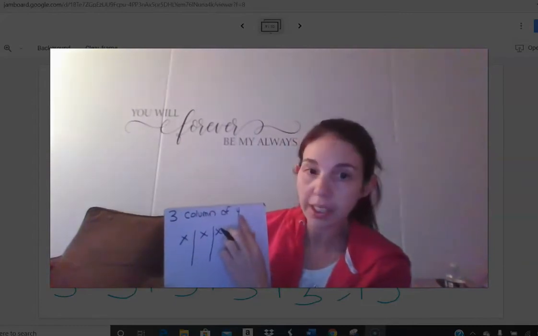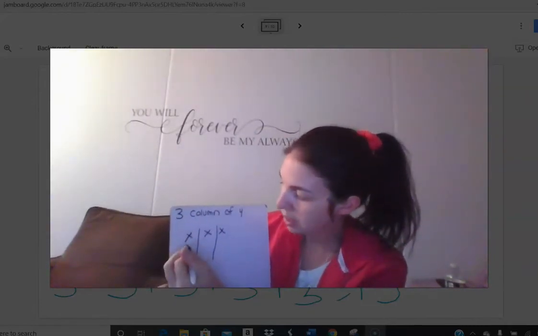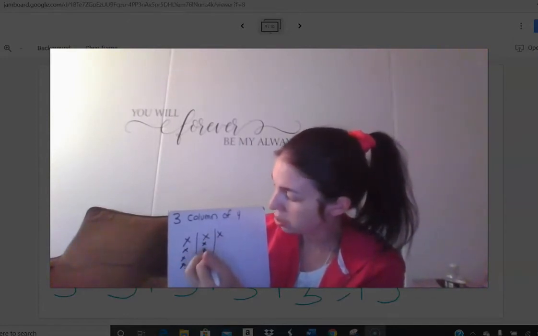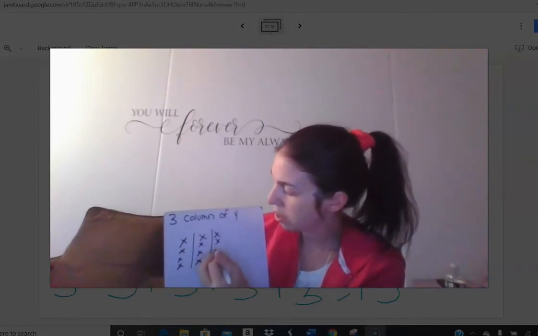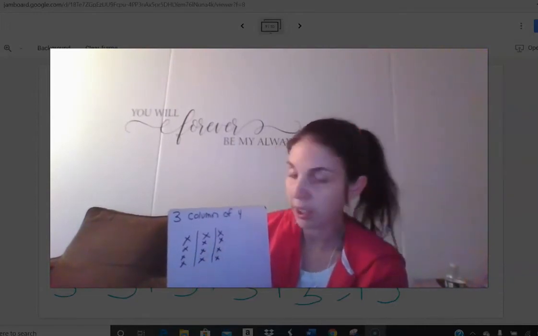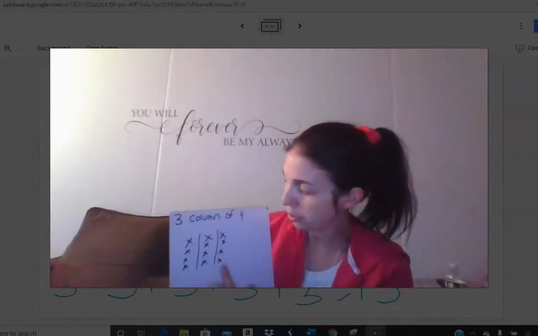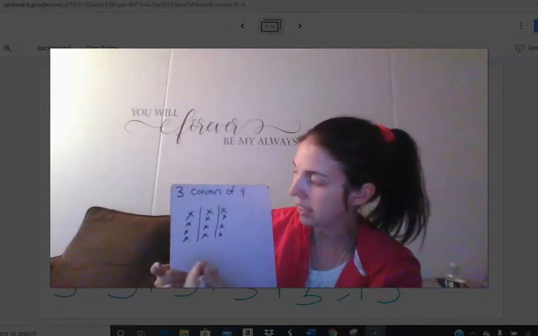And there's going to be 4 in each column. So we have 1, 2, 3, 4. 1, 2, 3, 4. 1, 2, 3, 4. 3 columns. 1, 2, 3. And there are 4 in each column.